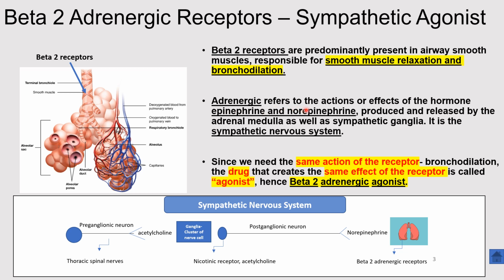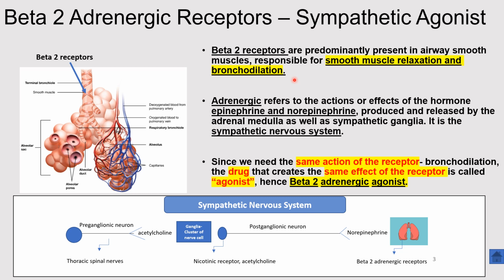Epinephrine and norepinephrine are the two substances that stimulate these beta-2 receptors present in the smooth muscles of the lungs, correct? When they get stimulated with epinephrine and norepinephrine, they produce smooth muscle relaxation and bronchodilation. Okay, so is that desirable?